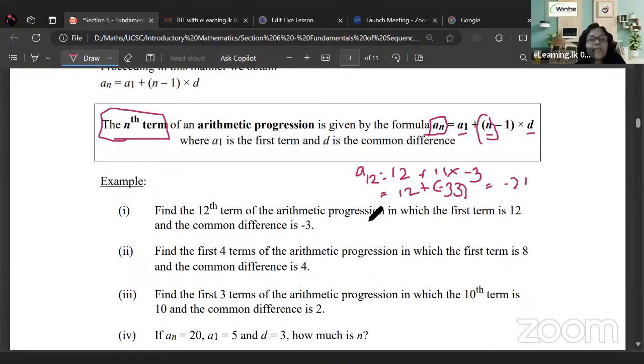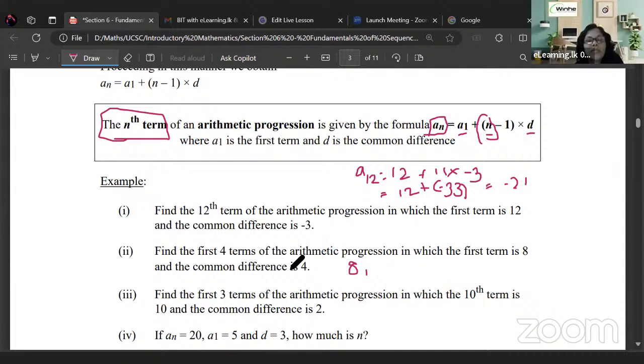The second one: find the first 4 terms of the arithmetic progression in which the first term is 8 and the common difference is 4. The first term is 8, and they ask you to find the first 4 terms.